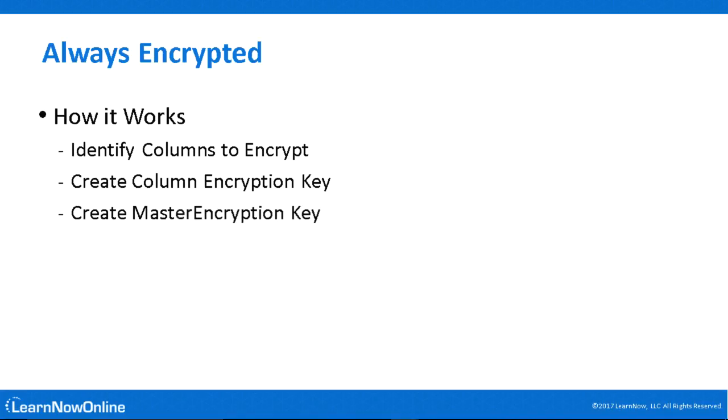When setting up the encryption for a column, you specify the information about the encryption algorithm and cryptographic keys used to protect the data in the table columns. Always Encrypted uses two types of keys: column and master encryption keys. A column encryption key is used to encrypt data in an encrypted column.